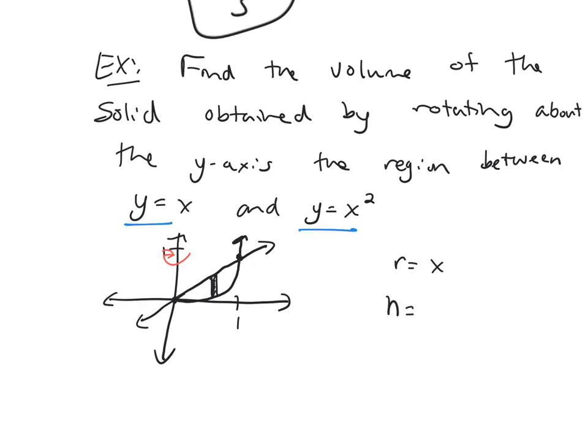So the height, I'm going to find it by taking the height of the first one, and then I'm going to subtract off, because I counted too much height, that little extra bit of height. So the height is going to be x minus x squared. The x represents the blue line height, and x squared represents the little red that I'm subtracting off.